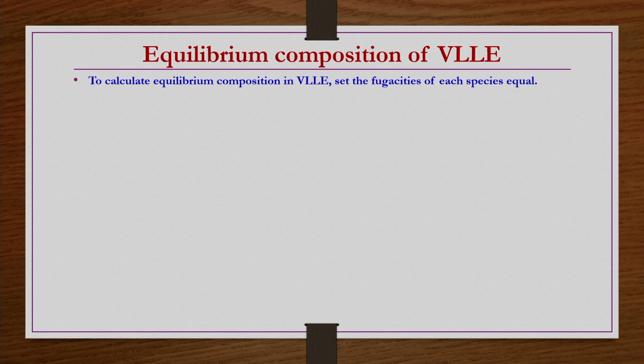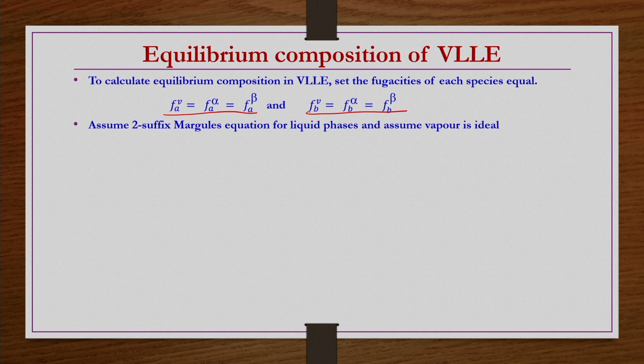To calculate equilibrium composition in VLLE, obviously the fugacity of each species should be equal in all three phases. So, for component A, we can have f_A^V equals f_A^alpha equals f_A^beta. Similarly, for component B also we can have it like this.